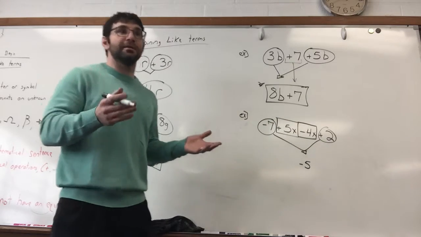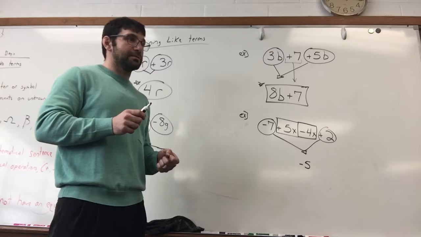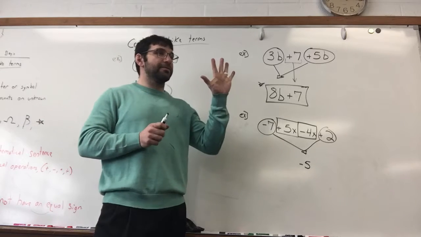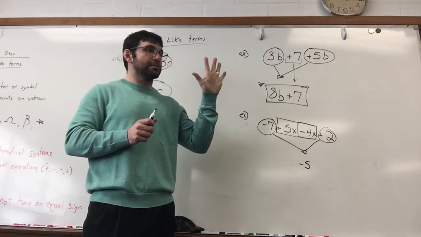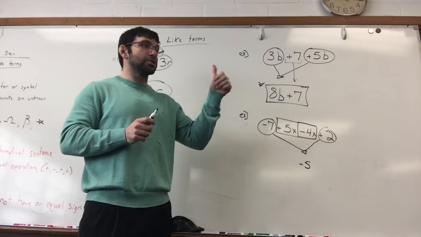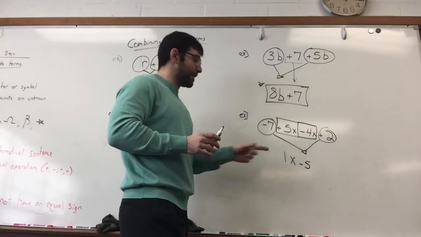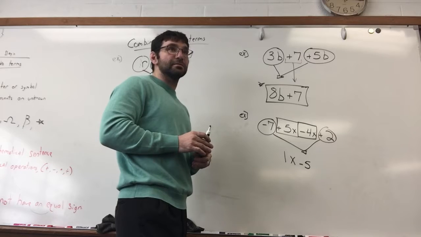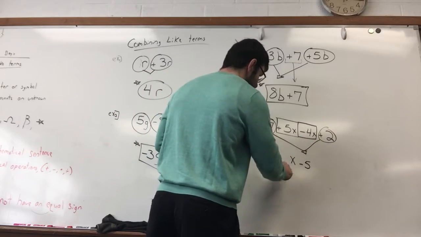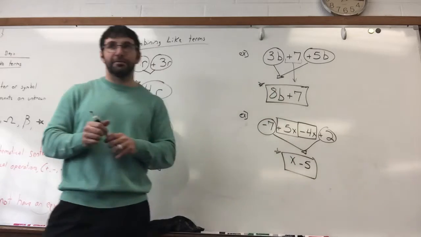How many X-Men do I have left, Kylie? If I start with 5, and we take 4 away, just 1. So there's 1 X-Men. You could put 1x minus 5. Do I need the 1 with the x? You don't need it. So it's just x minus 5.